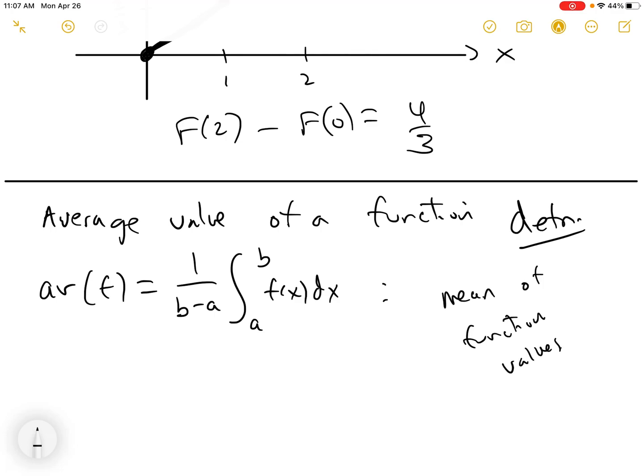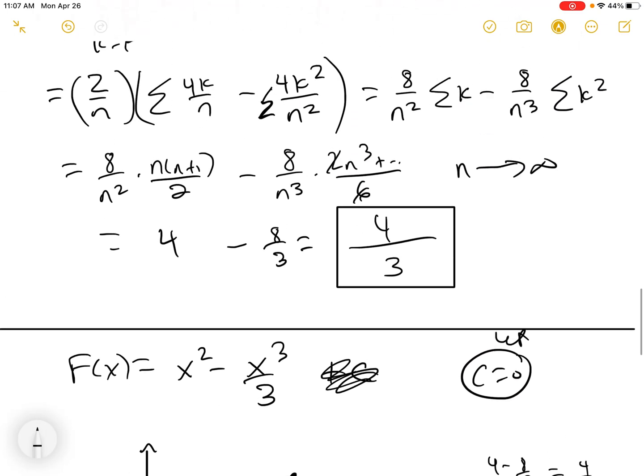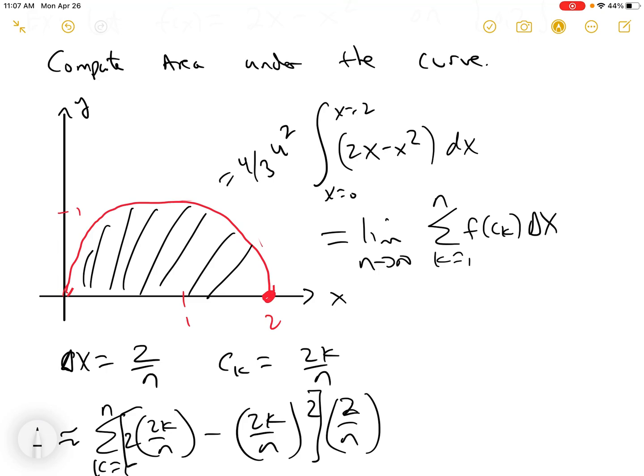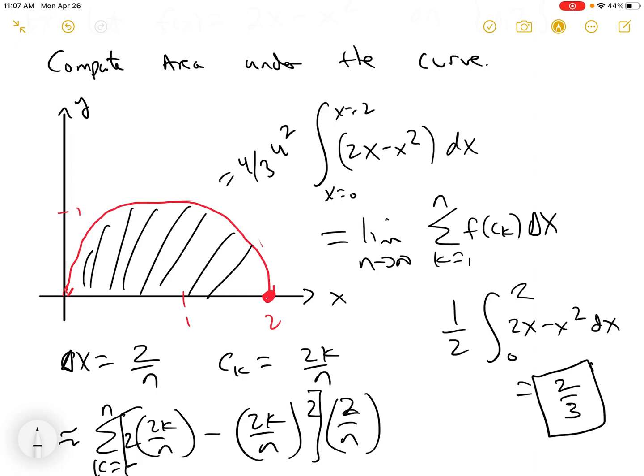But it really ties in, so let's look at what's the average value of our function here, right? It's going to be 1/2 times the integral of 2x minus x squared from 0 to 2, and that's 2/3. Okay, so the average value is 2/3.